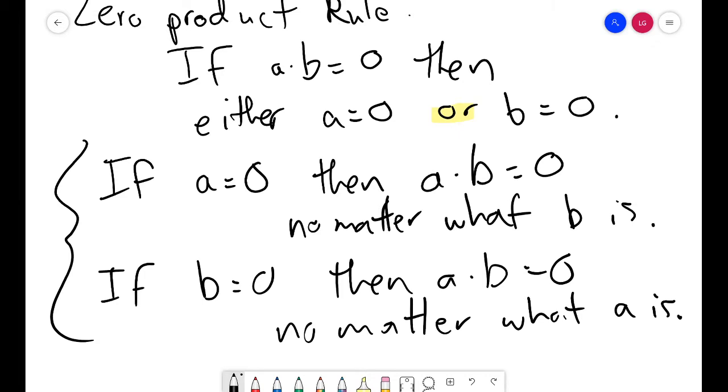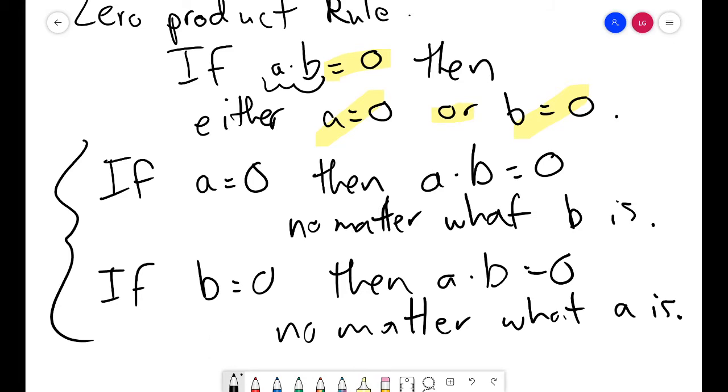And further than that, if I know one of the two numbers being multiplied together is zero, then I know the result is zero. So this bidirectional type of thing is just trying to get us to say, hey, if we can make one side of the equation 0, and then write the other side in the form something times another thing, then we can break the problem up by looking at A and B separately.